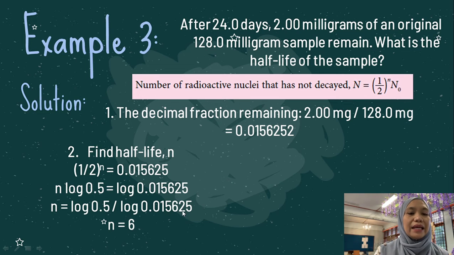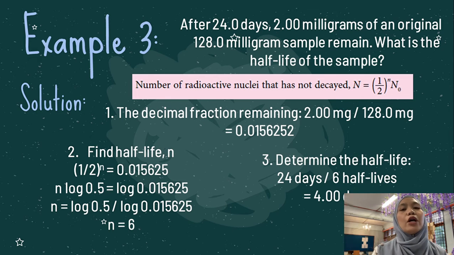So n equals log 0.015625 divided by log 0.5, and we get n equal to 6. So it takes 6 half-lives for the 128 milligram sample to become 2 milligrams. Now determine the half-life: 24 days divided by 6 half-lives. So the half-life of this sample is 4 days.